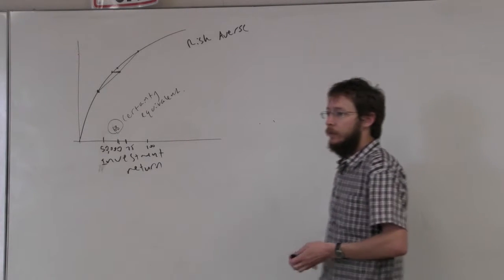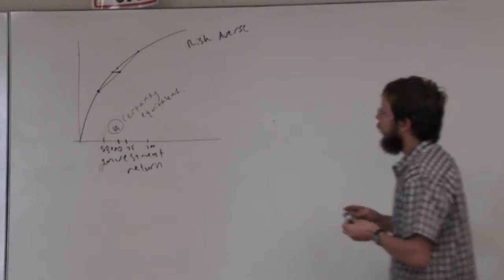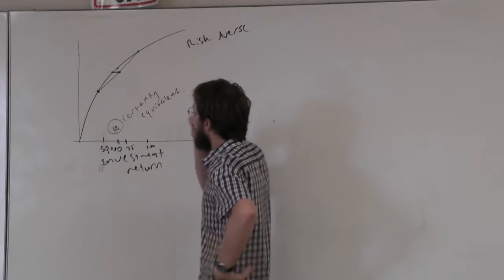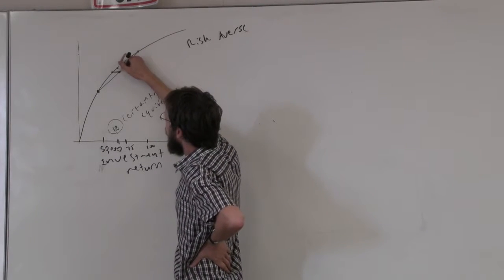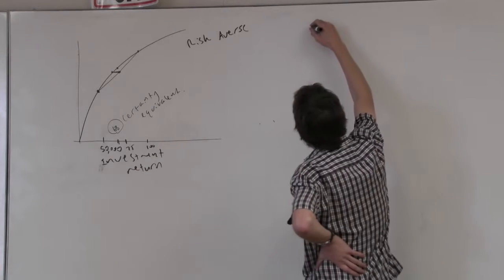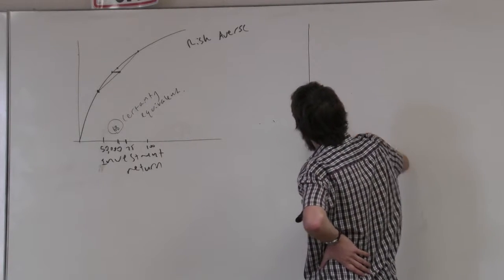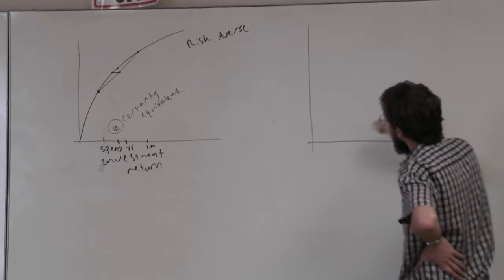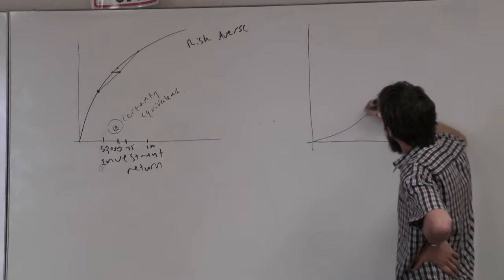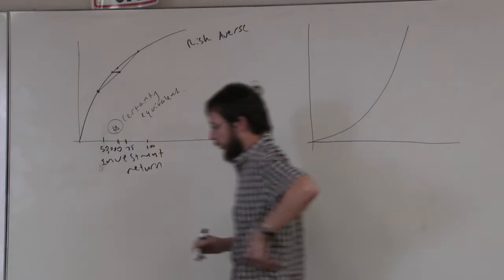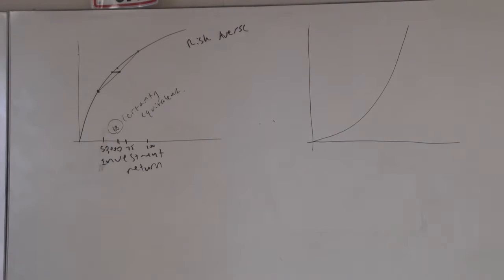Yeah. So, all right, that is what's called a risk-averse investor. They're willing to trade some return in favor of certainty. A risk-loving investor is someone where they actually have a concave up utility curve.